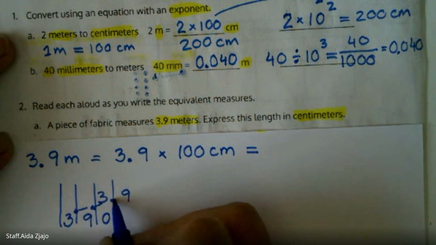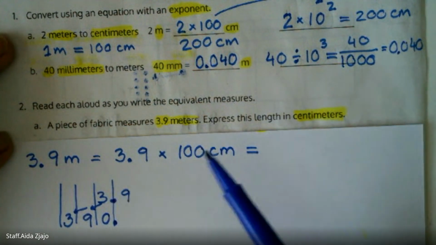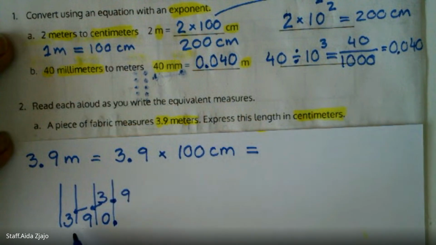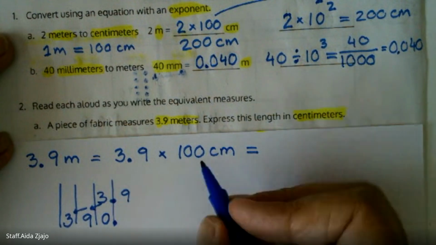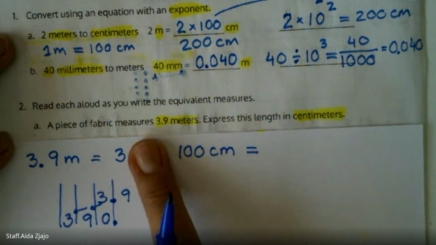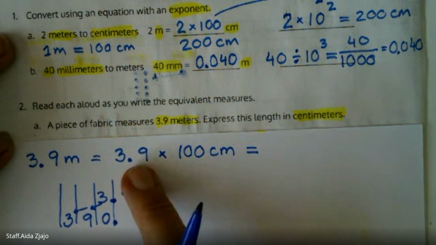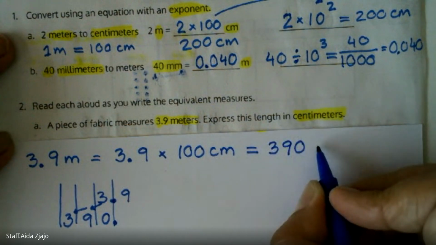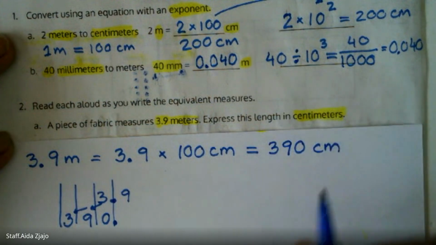So if I have 3.9 meters, I also have 390 centimeters, because 3 times 100 is 300, and the 0.9 means that I have 390 centimeters, by using a place value chart and multiplying by 100.